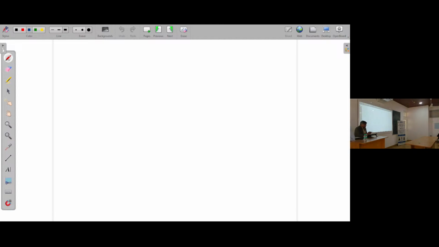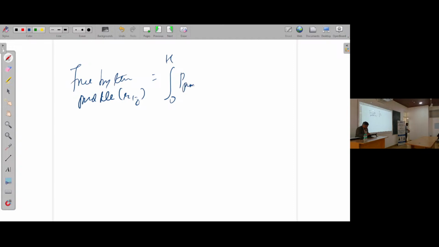Again, force by the puddle is the integral from 0 to h of P puddle (r, z) dz. So I'm just going to put this here.